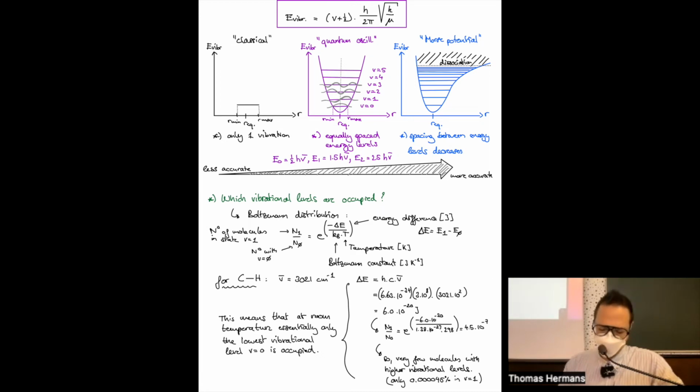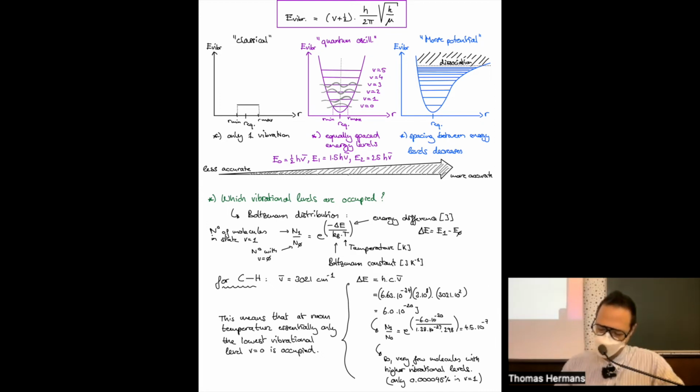So as we calculated before, for this carbon hydrogen stretch vibration, the wave number was 3021 centimeter minus 1. So delta E is hc times the wave number. So if you want energy, you have to get the c to the other side. Okay, so let's fill this in.